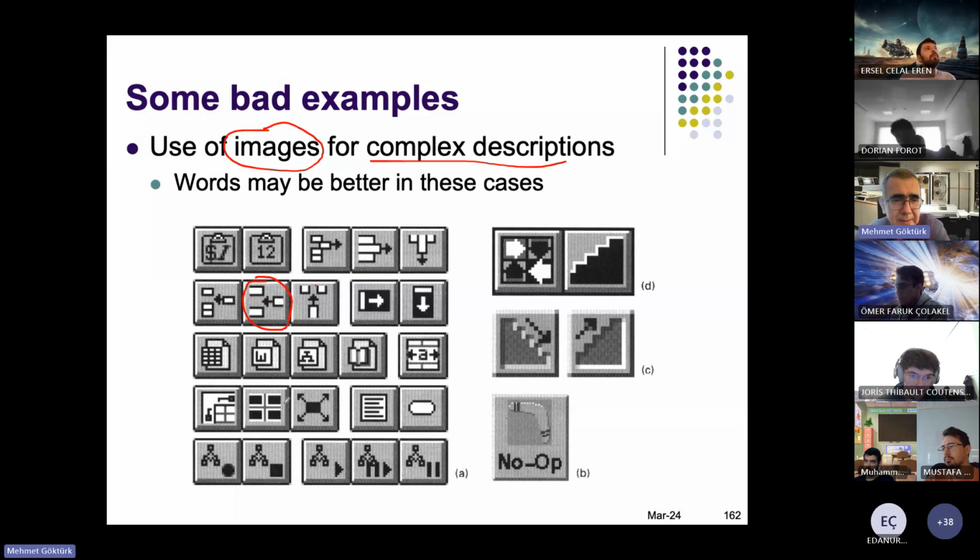These things may not be easy to understand because the action is too complex. When the action is too complex, icon and metaphor representation may not be preferred. It could be text menu.